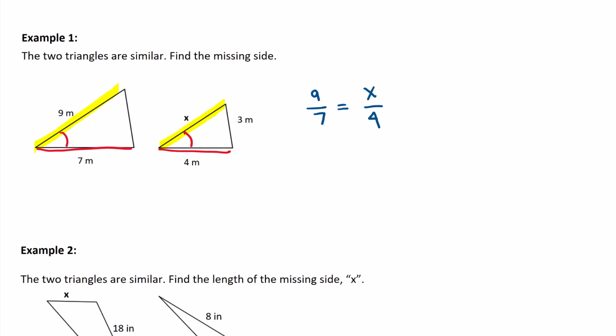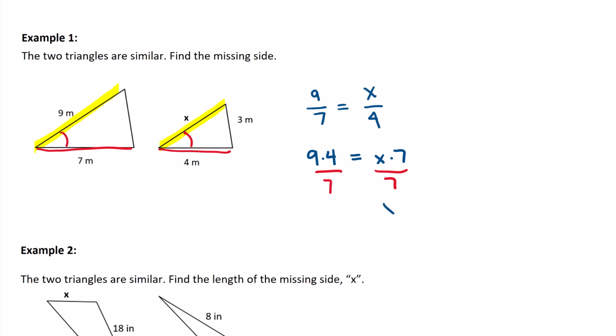Now I can simply clear my fractions. I know 7 and 4 are the denominators I need to clear, so 9 times 4 equals x times 7, or 7x. I could write it either way. And now, since I need to solve for x, the unknown, I'm going to divide both sides of my equation by 7.